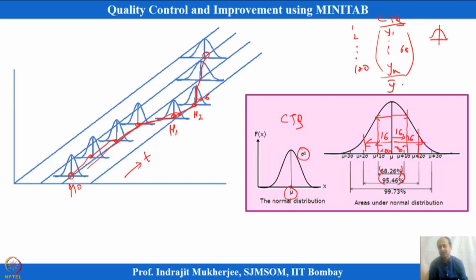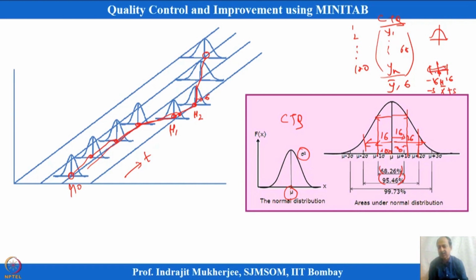I can calculate the mean and I can calculate the standard deviation. So, let us take this point over here and then demarcate 1 sigma on this side and minus 1 sigma on the other side. This may be the population value, or if it is a representative sample, we can assume x bar over here, and this is minus s on this side and plus s on this side.